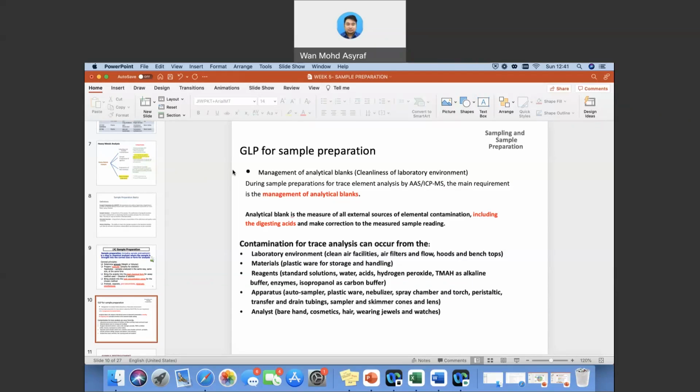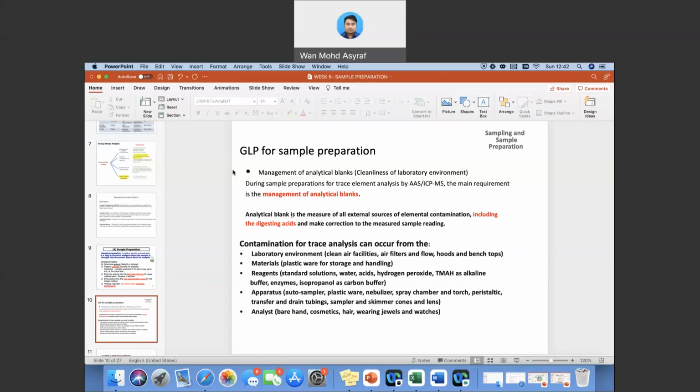All right. The analytical blank is the measure of all the external sources of elemental contamination, including the digestion acids, and you make corrections to the measured sample reading. When you have your digestion beforehand, you use acids and all sorts of other matrices to prepare your samples prior to the analysis. All of this would cause some deviation, and may even increase or decrease the concentration of your trace element analysis. Contamination for trace analysis can occur from the laboratory environment.